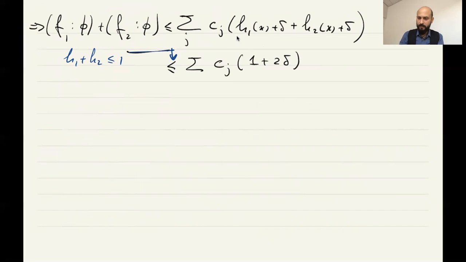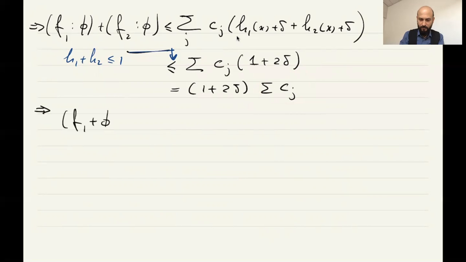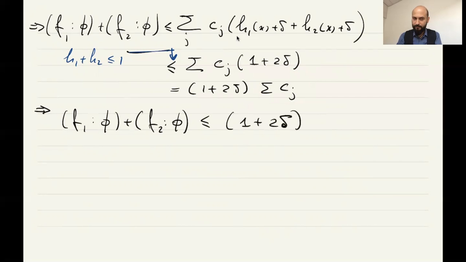And let's remember that we can write this as 1 plus 2 delta times the sum of c_j. And this was an arbitrary bound for h with respect to phi, right? So taking the infimum, what we get is that f1 plus f2 with respect to phi is bounded by 1 plus 2 delta times h with respect to phi.